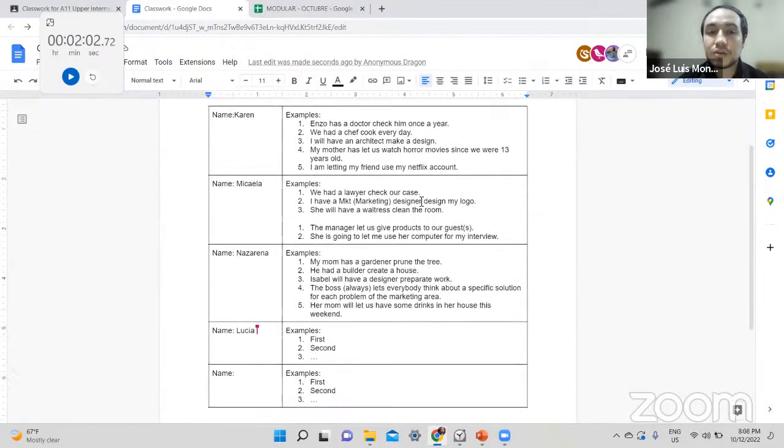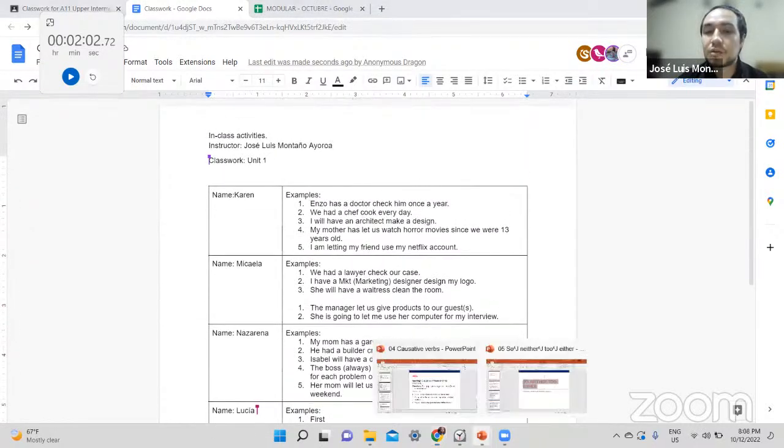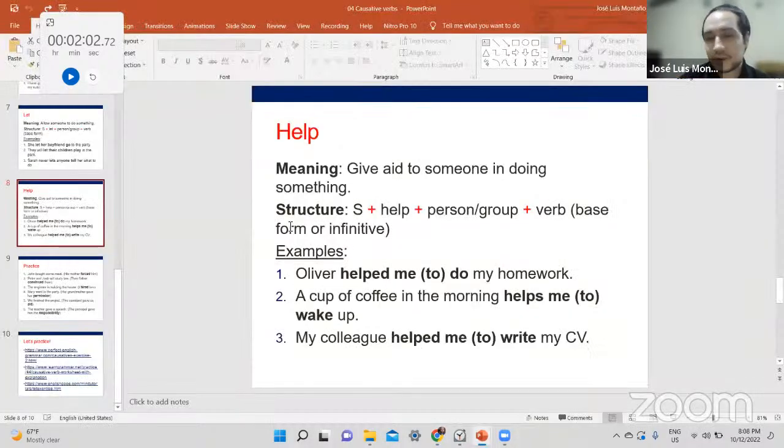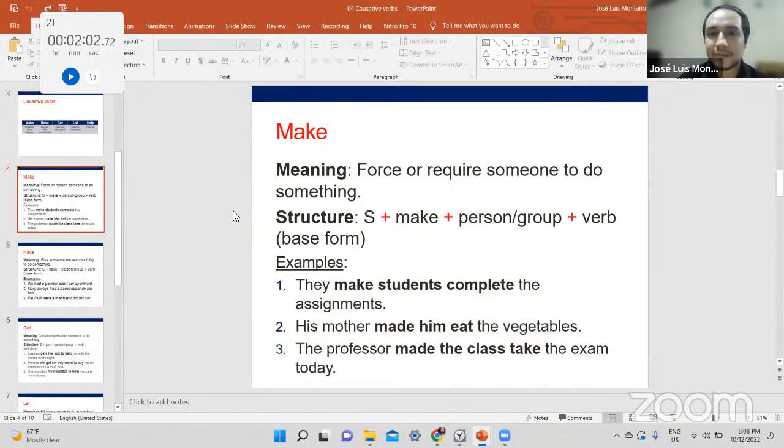Please use your own names, and down below, in your examples, you're going to write just any type of experience, as we always do, but I want you to use at least 3 of these causative verbs. Tell me any experience that you want to tell me, but it's going to be in 2 paragraphs, so try to give a lot of details.